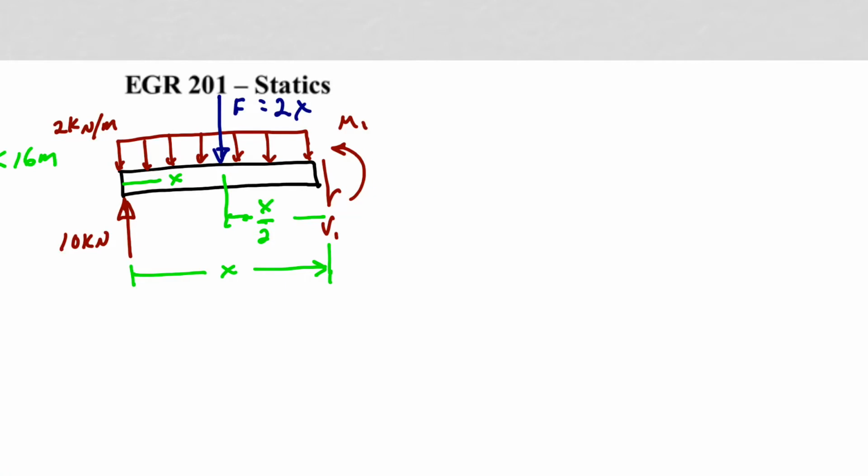So the next step is to find our shear for this range, and we will sum forces in the y direction, set that equal to 0. We have 10 kilonewtons plus, and then we have a minus 2 times x. That is our force right here.